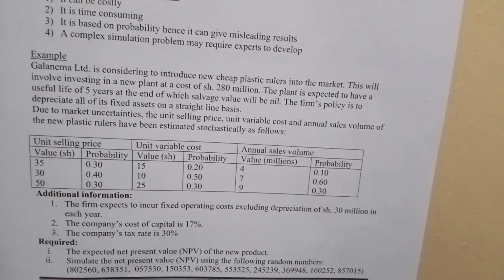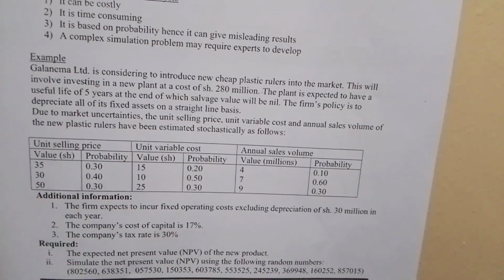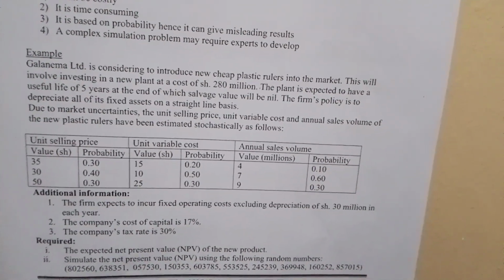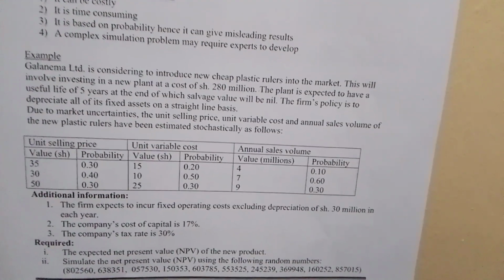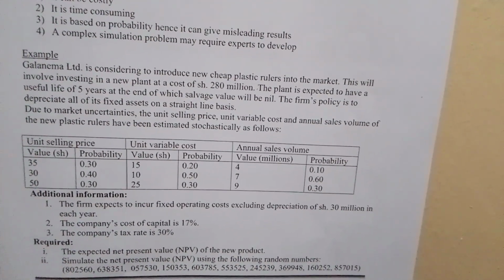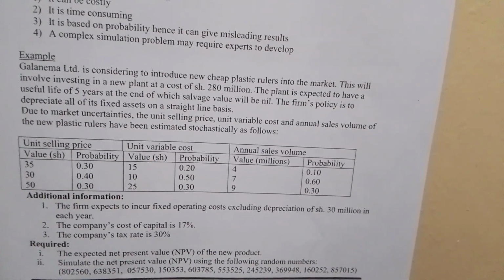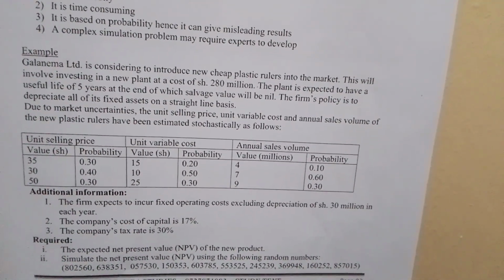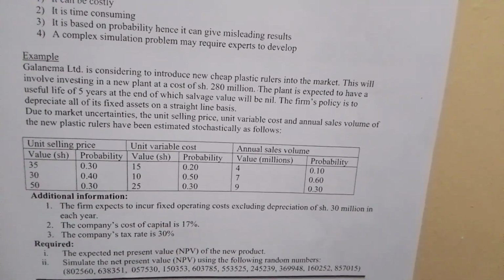The firm's policy is to depreciate all of its fixed assets on a straight line basis. Due to market uncertainties, the unit selling price, unit variable cost, and annual sales volume of the new plastic rulers have been estimated stochastically as follows.